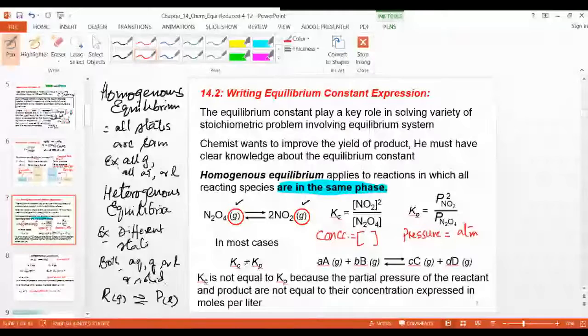Both are the same. If in any question the pressures are given, it means that is concentration. If concentration is given, that is also concentration, right? If you increase pressure, it means the concentration increases. So this is just the way how to express the equilibrium constant.